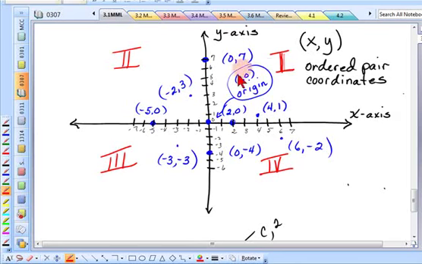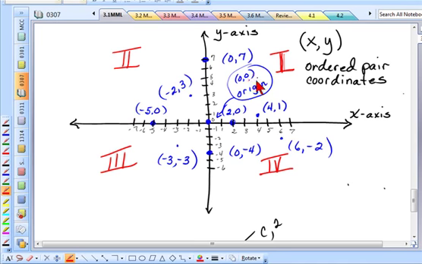If you are a point in quadrant 1, then what kind of numbers will the points have as their ordered pairs? Positive. Because if you're in quadrant 1, you went to the right and you went up, and those are both positive directions.